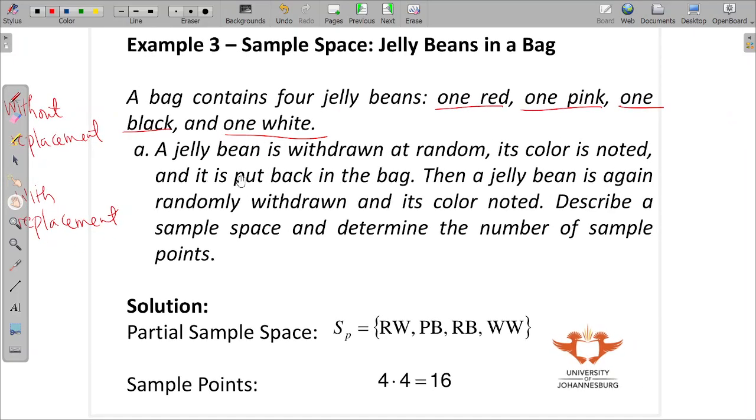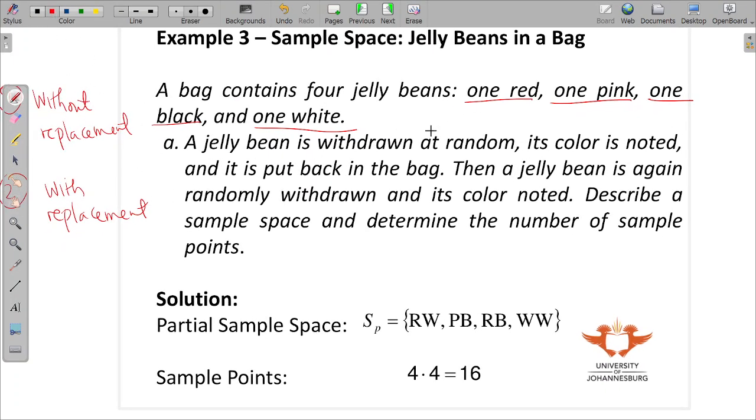So a jelly bean is taken at random, its color is noted and it is put back in the bag. Then a jelly bean is again randomly withdrawn and its color noted. Describe a sample space and determine the number of sample points.